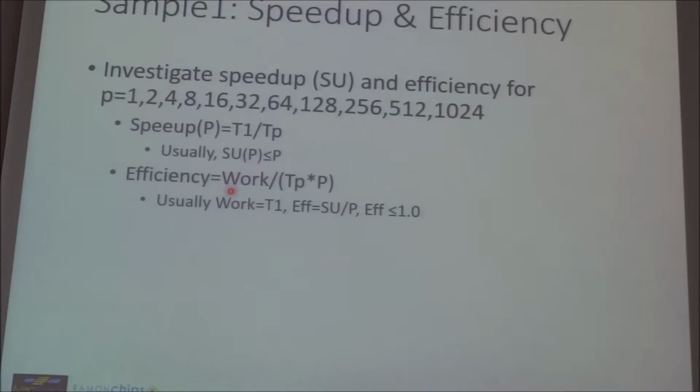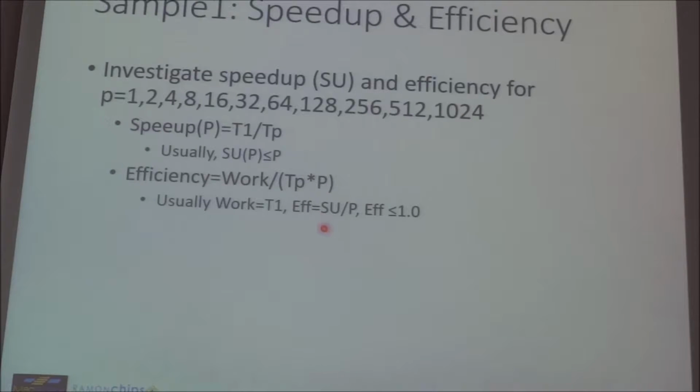Efficiency is the total work divided by possible work. Possible work was the length of the runtime on P processors times the number of processors. Now, usually work is the same as T1. In a minute, I'll tell you when it's not the same. But usually, the total work is the same as T1.